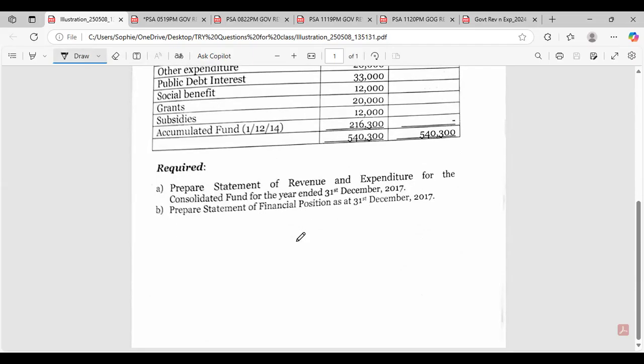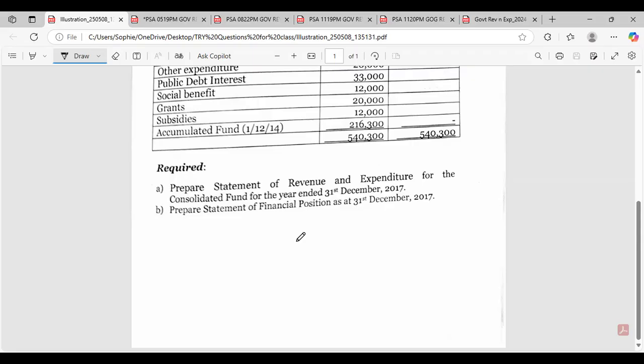Required: A. Prepare statement of revenue and expenditure for the consolidated fund for the year ended 31st December 2017. B. Prepare statement of financial position as at 31st December 2017. Thank you.